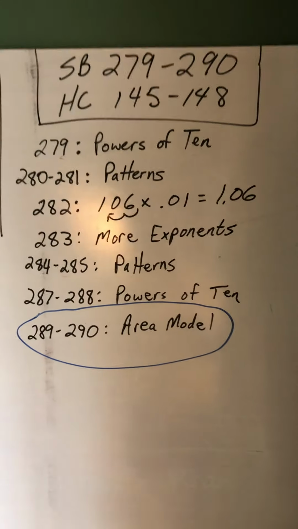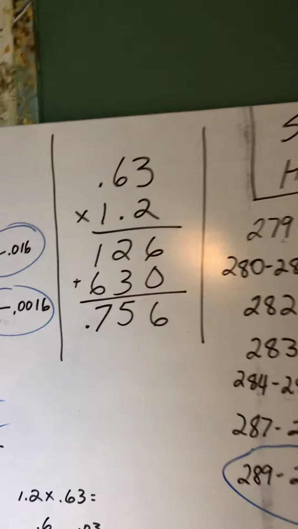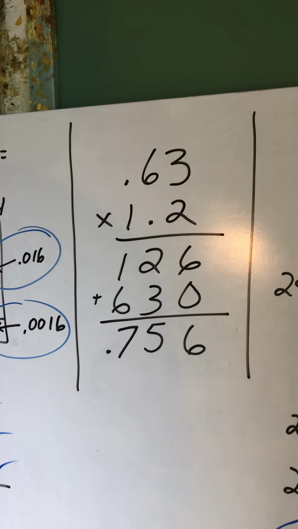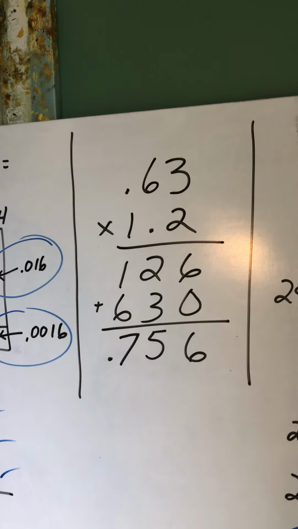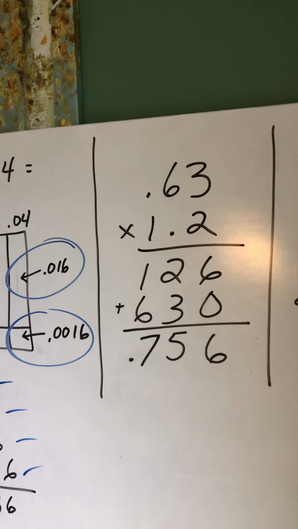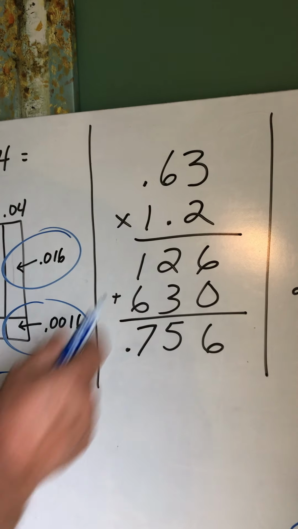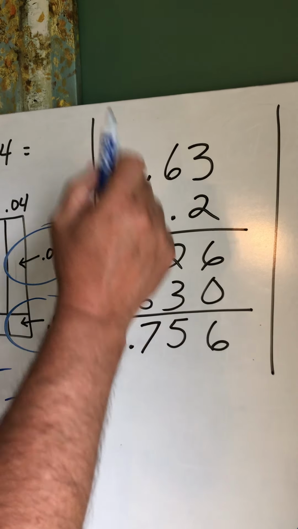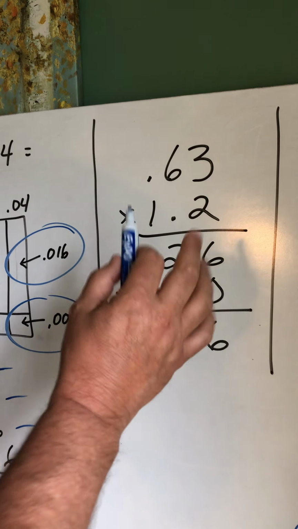But I also wanted to show you, because I know Toby's thinking, Mr. Barr, I don't want to touch that area model. I'm just kidding, Toby. I know you want to use this, which is the algorithm, okay? Remember, this is just a way of doing it. You also have the algorithm. So 0.63 times 1.2.